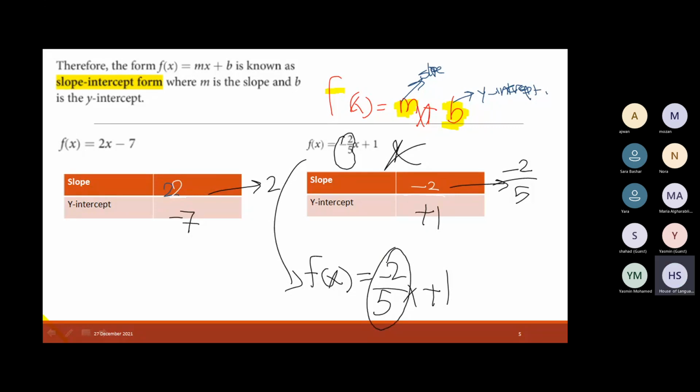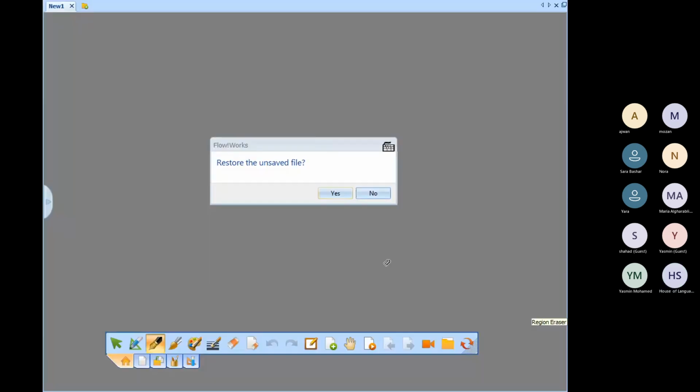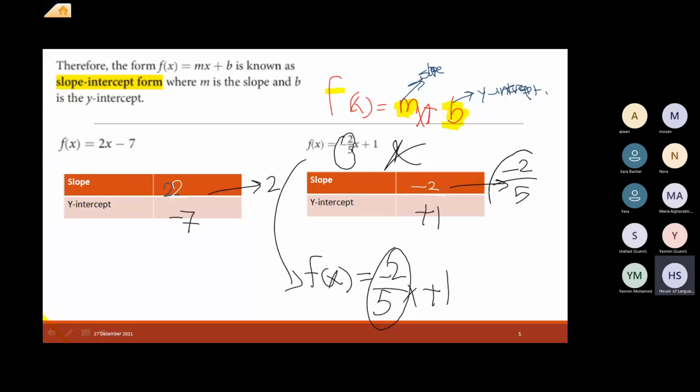Negative 2 over 5. The number that is multiplied by x, the coefficient, is the same as the slope. So the slope will be negative 2 over 5. Now, the y-intercept is the b, plus b. So what is the value of b here? 1. Is it clear now?